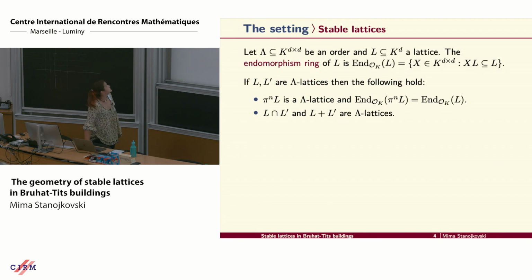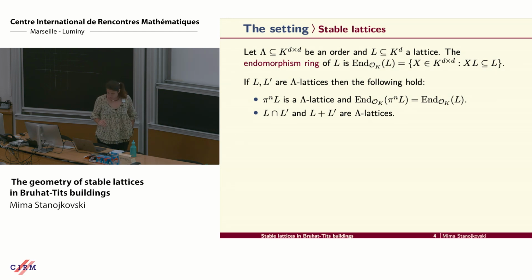And if L is a lattice in K^d, I'm going to denote by End_{O_K}(L) what is really the stabilizer of L inside K^{d×d}. This is the notation that we used in the papers. We called it the endomorphism ring of the lattice. So this is just the stabilizer.